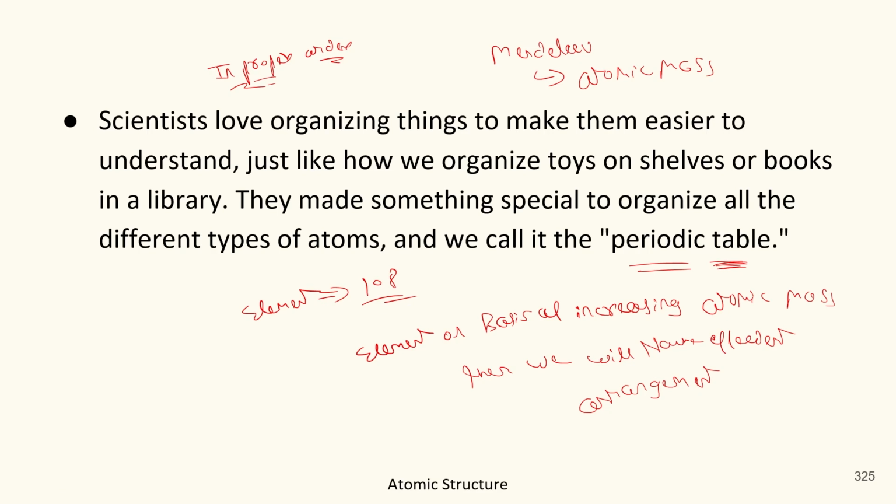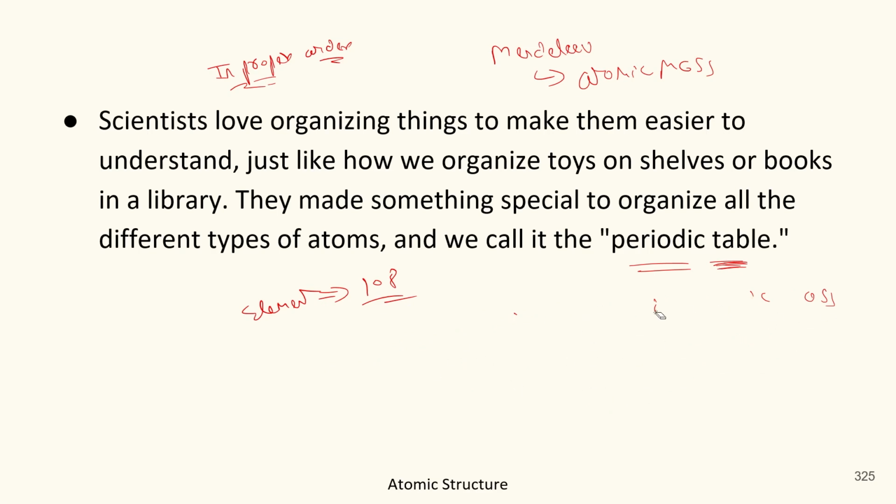Got it? But his periodic table failed, and why, we will discuss in our upcoming lectures. Till then, just remember, he said we should arrange the elements on the basis of increasing atomic mass. That was Mendeleev's periodic table.